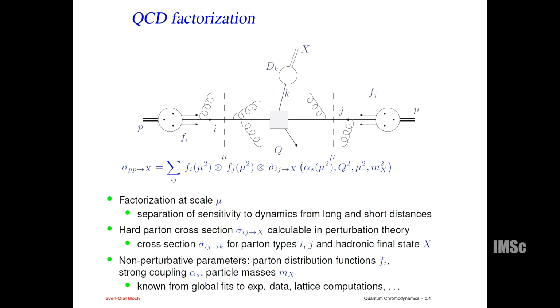These two partons, which can be quarks and gluons, undergo the hard scattering, which happens here in this gray box, and then we produce a final state of interest, whatever we are interested in, like X could be a Higgs boson. This is the part that we can do with perturbation theory, described by this partonic cross section sigma hat, where partons i and j collide and produce a final state X.